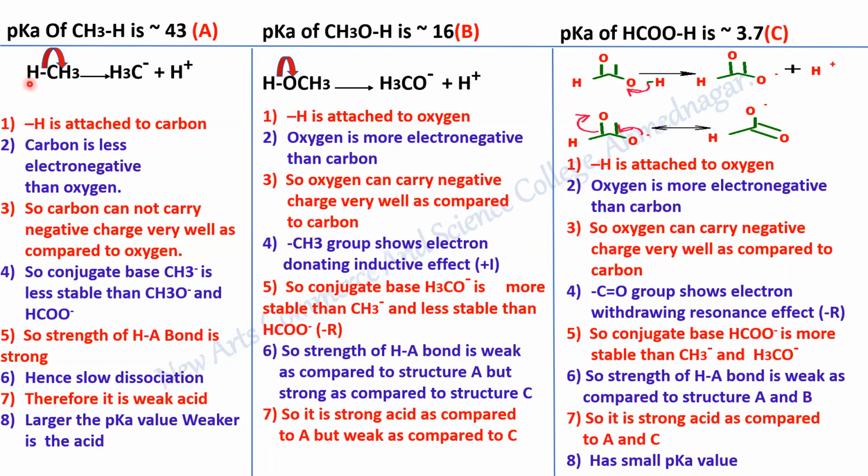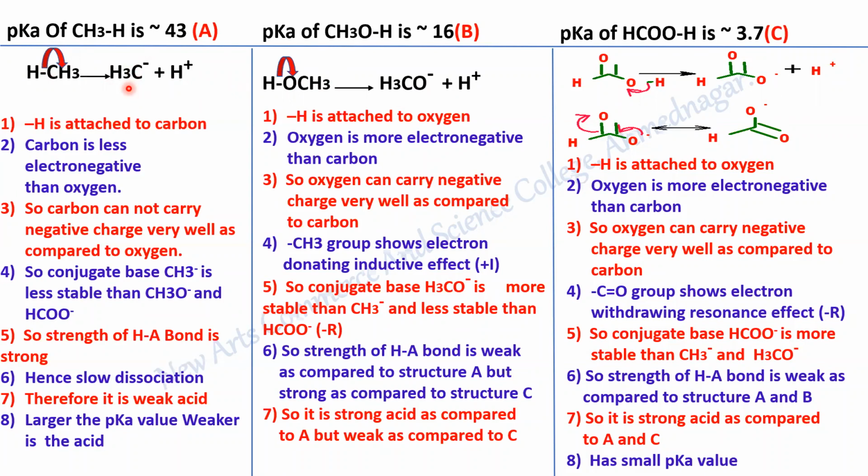Now, as we are talking about an acid, what is an acid? An acid donates its H plus ion. So methane dissociates as CH3 minus and H plus, methanol dissociates as methoxide plus H plus, and methanoic acid dissociates as methanoate plus H plus. After this dissociation, there is a negative charge on the methyl group, an anion which is formed, that is called a conjugate base.